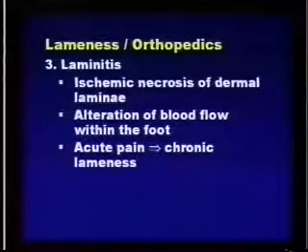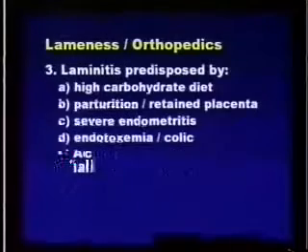And usually these horses will present with an acute lameness or acute pain situation, and once you get them through the acute phase, they usually progress to a chronic lameness problem.